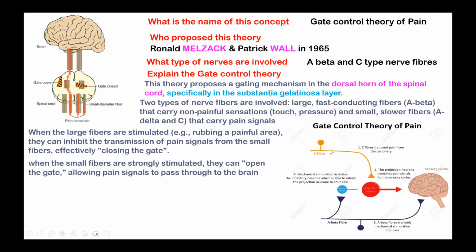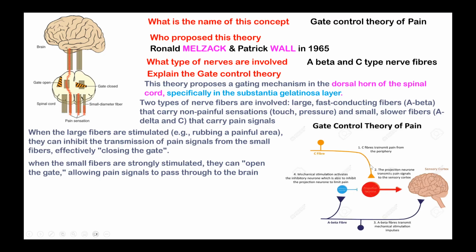So the first step is the C fibers which transmit the pain from the periphery, they are stimulated and they project into a neuron which transmits it to the brain. And there is a beta fiber, when that is stimulated, it will stimulate the inhibitory fibers, which will prevent the transmission from here to the brain.